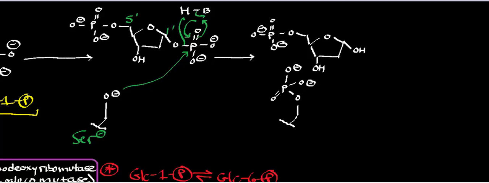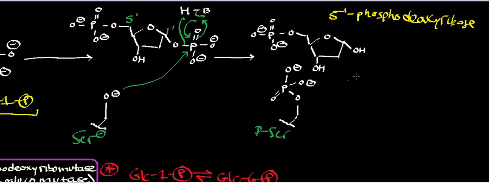The ultimate product that you get after this enzymatic reaction is complete is not only the phosphorylated serine, but also 5'-phosphodeoxyribose, or another way you'll see this referred to is deoxyribose 5-phosphate.